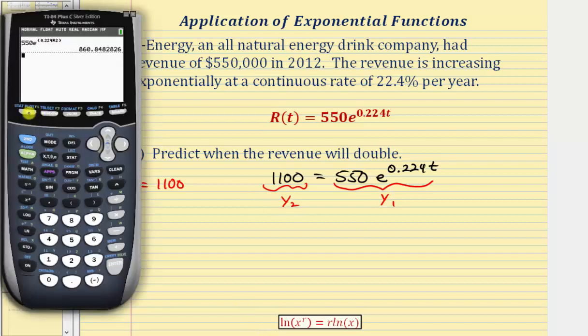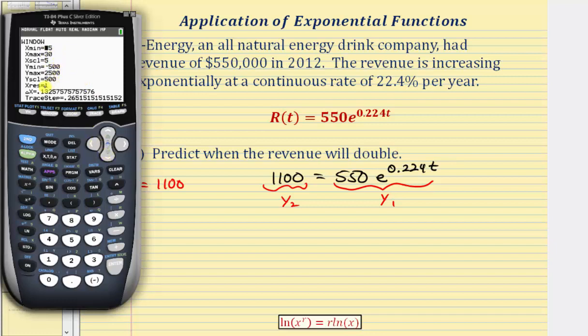So if we press y equals, notice how I've already entered the right side in y1, though I use the variable x instead of t, and I've entered 1,100 in y2. Now before we graph this though, we do need to adjust the window. So if we press the window key, right now the x-axis goes from -5 to 30, which is probably going to be okay.